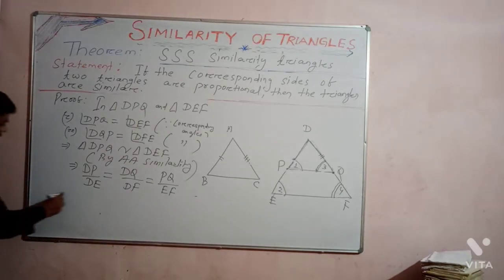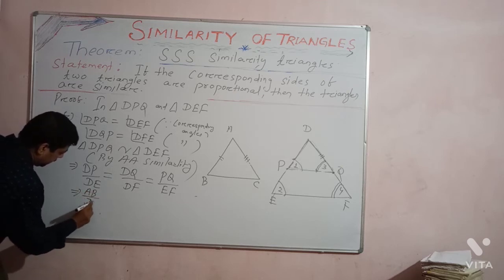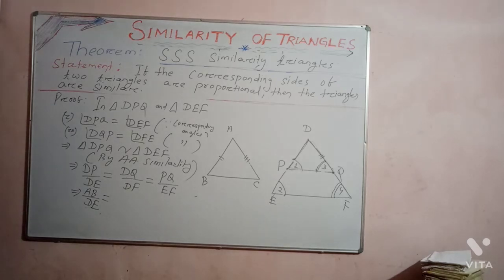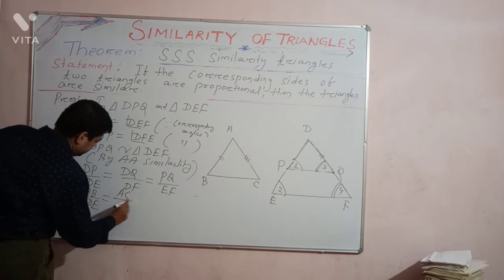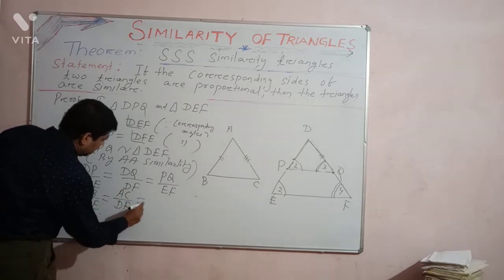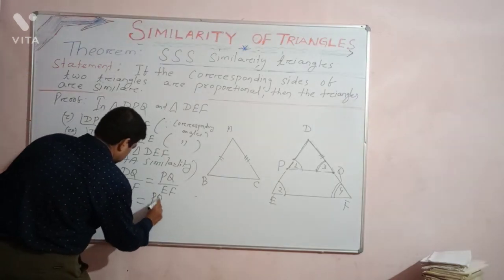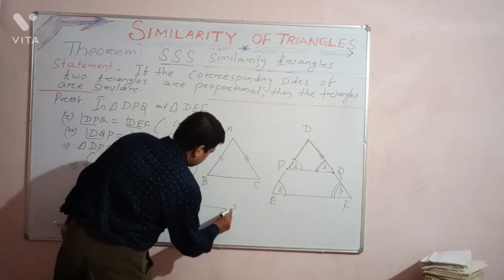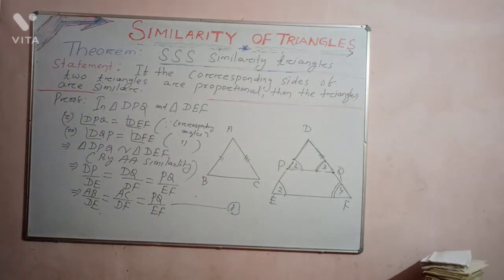In place of DP, I can write AB, so AB upon DE. In place of DQ, I can write AC upon DF, and is equal to PQ upon EF. The ratio of their corresponding sides are equal. Is it clear?